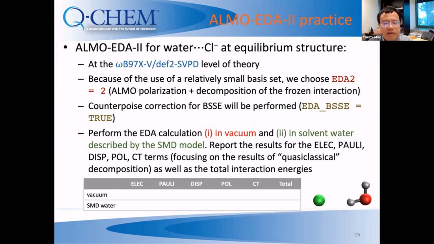So this is a practice for the ALMO-EDA2 method. It's a water chloride complex, and we are going to use the EDA option 2 because we are using a relatively small basis here. But now, we are going to add the BSSE correction for the same reason. And you will be comparing the EDA results in vacuum and in a solvation environment.